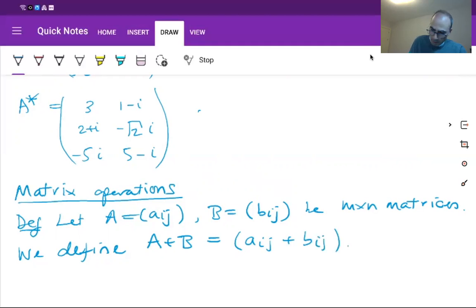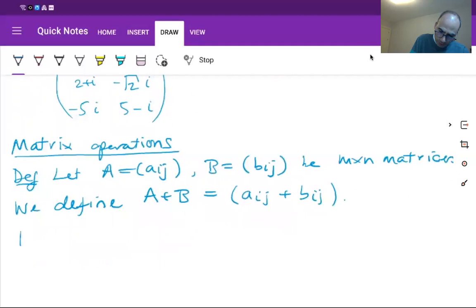And if C is a real or complex number, or in the complex number field, CA we obtain this.